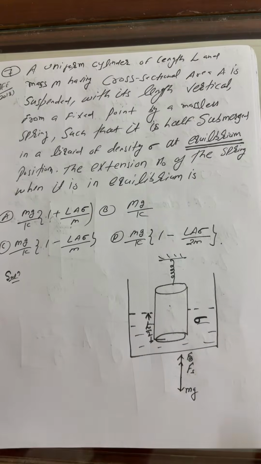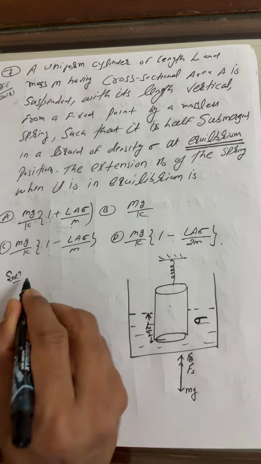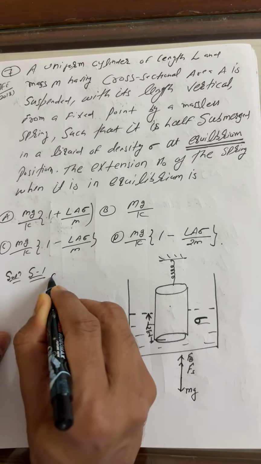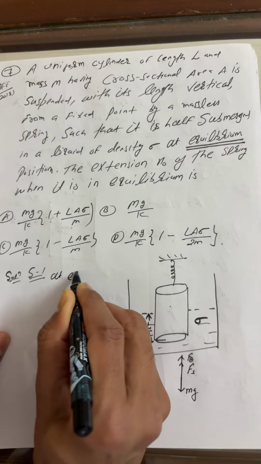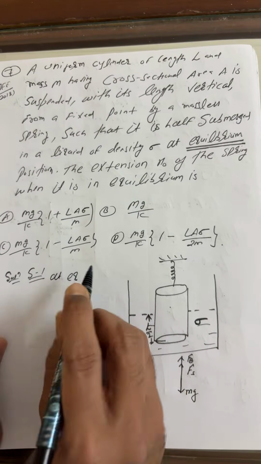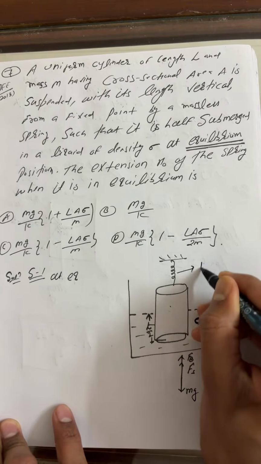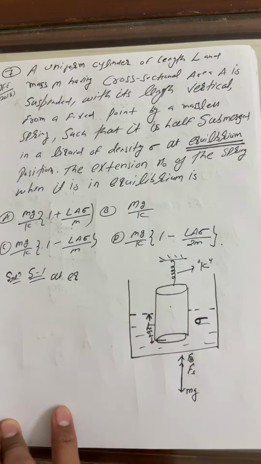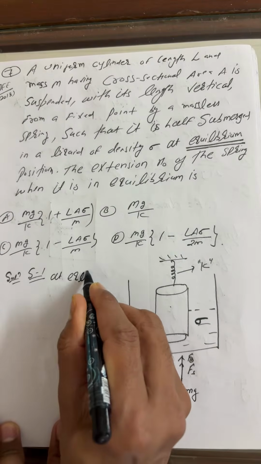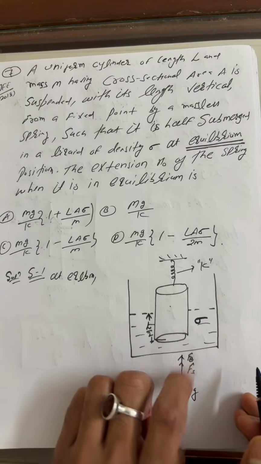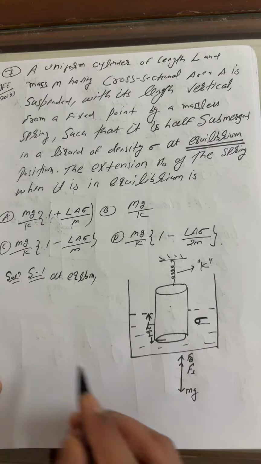The system is in equilibrium. If the system is in equilibrium, you can take the spring constant k. At equilibrium, the total upward force is equal to the total downward force.